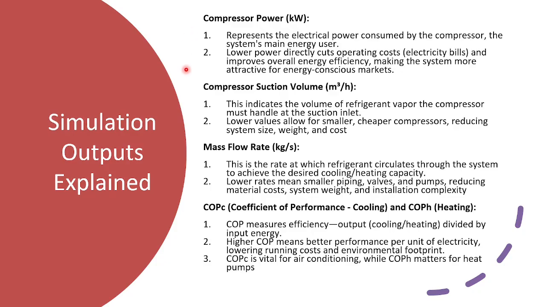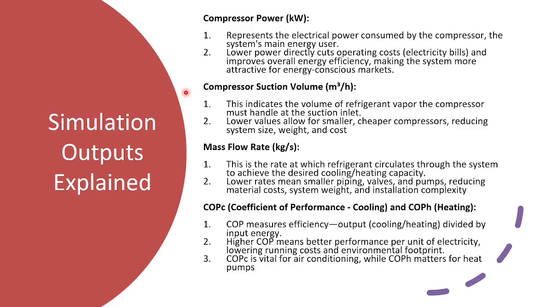The second is the compressor suction volume. This indicates the volume of refrigerant vapor the compressor must handle at the suction inlet. Lower values allow for smaller, cheaper compressors, reducing system size, weight, and cost, ideal for compact applications like residential air conditioners.